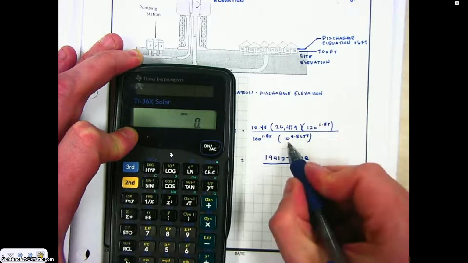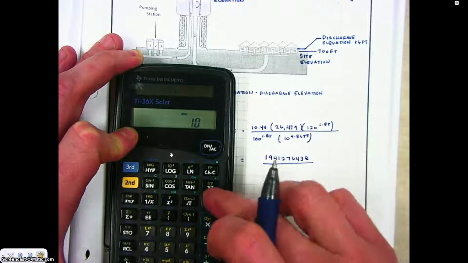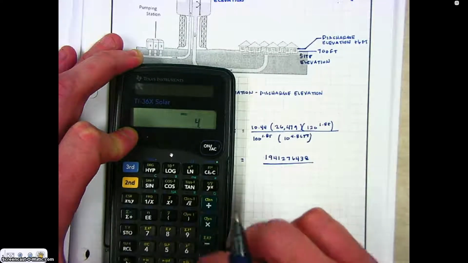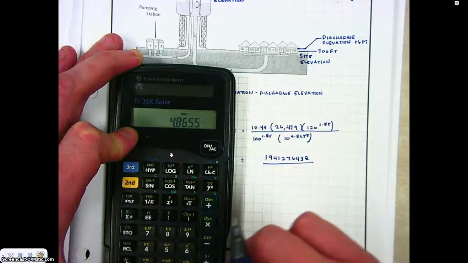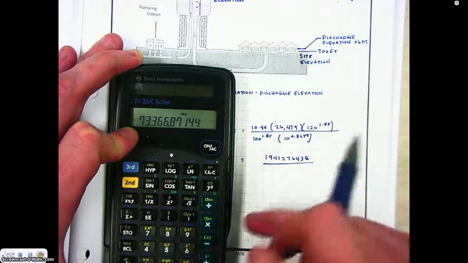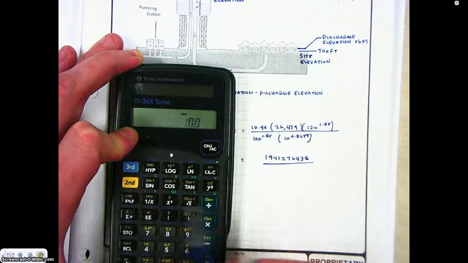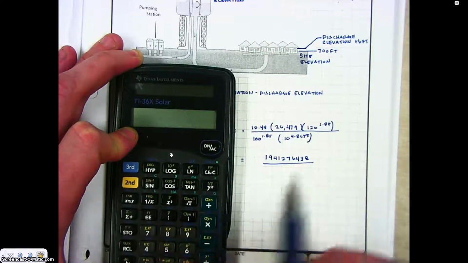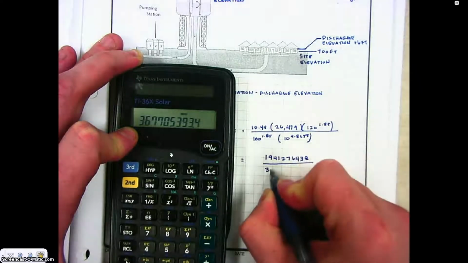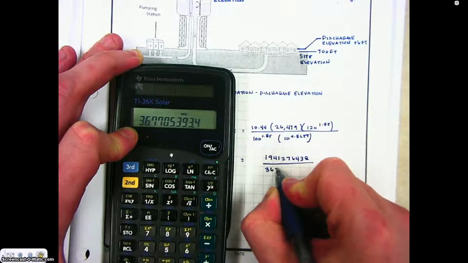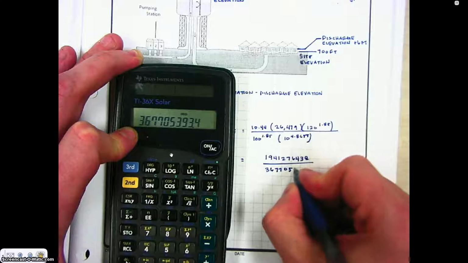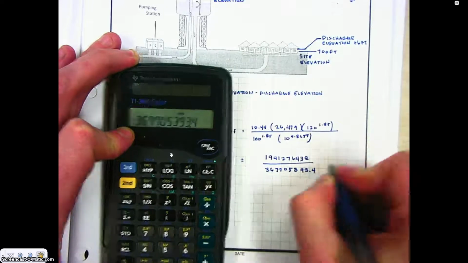Divided by the bottom half. Again, I'll use 10, hit the Y to the X button to do an exponent, 4.8655. I get that number. I'll multiply that by 100 to the 1.85 power, and I get 3677,053.4.